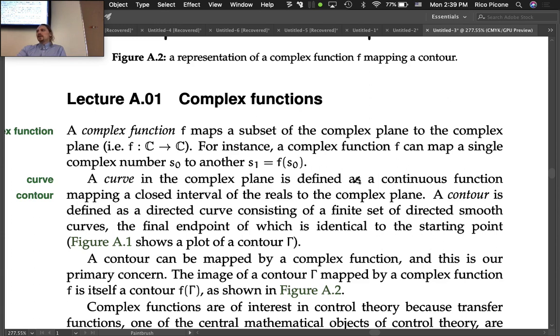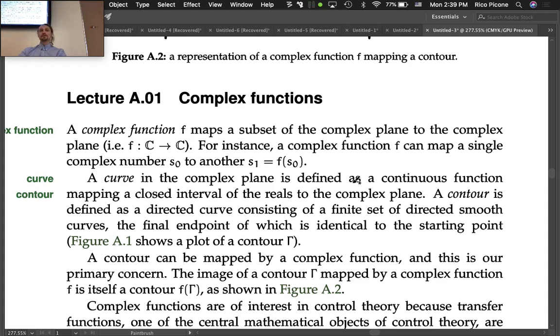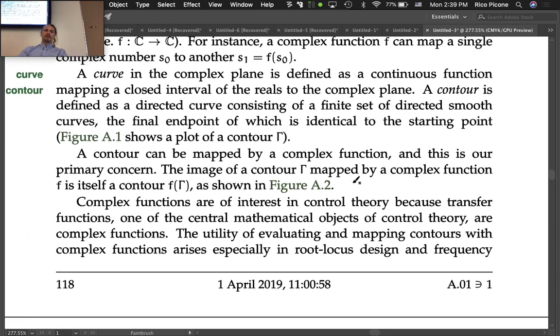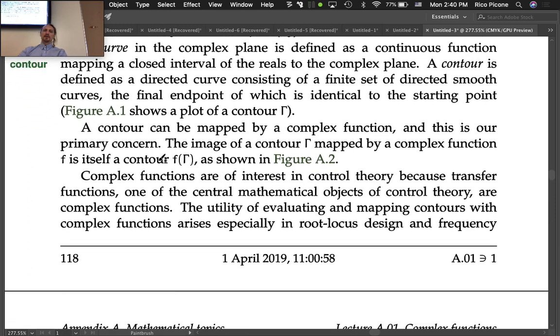So it works as the usual real function works. Put in a real number, get a real number. If you put a complex number into a complex function, you get a complex number back, even if that complex number is just a real number, because the reals are just a subset of the complex plane, right? So, great. We're going to skip the stuff about contours and curves.